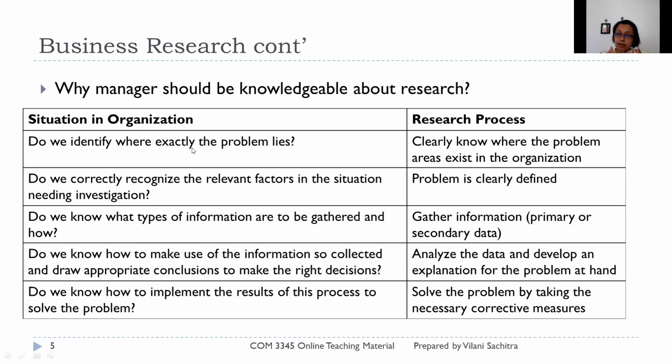Dropping profit means either dropping income or increasing cost. Right? Do we know exactly which aspect is dropping the profit? Then the knowledge of research is important for you. You can clearly know where the problem area exists in the organization. It might be either the income aspect or the cost aspect. Without knowing those things, we cannot make a solution.